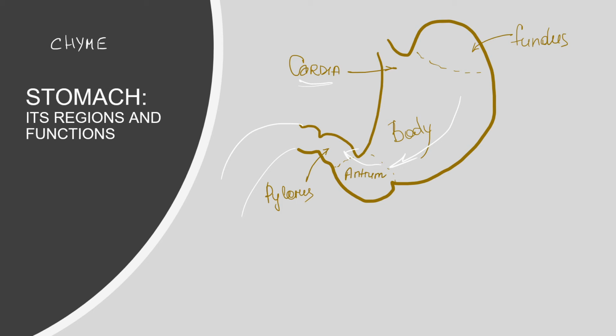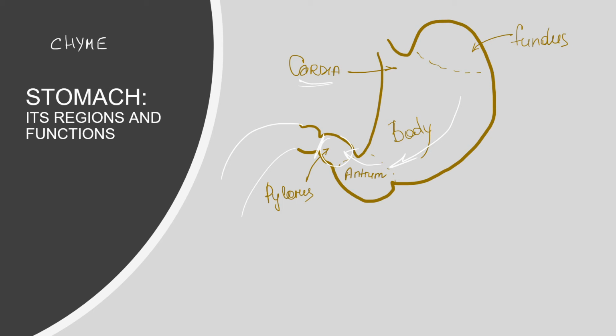Actually, peristaltic waves provide a pumping action called the pyloric pump. In the pylorus, here, the thickness of the circular muscle is greater than in earlier portions of the antrum, and thus it remains tonically contracted. This side is called the pyloric sphincter.